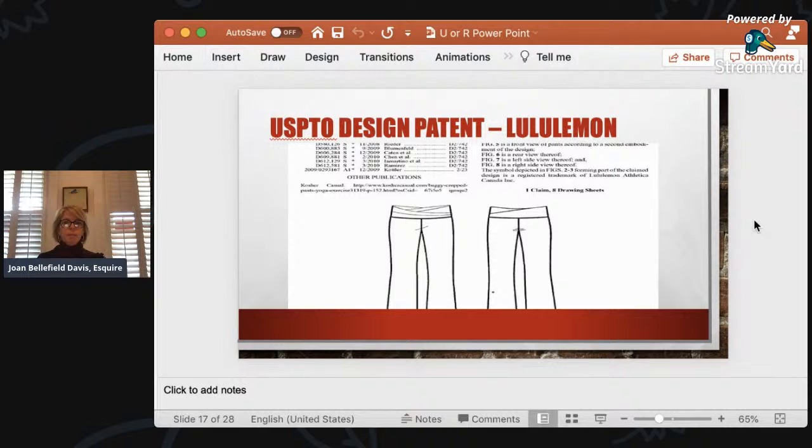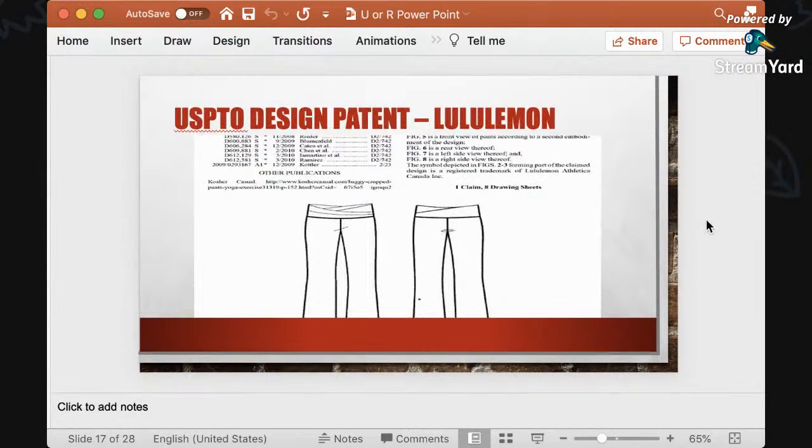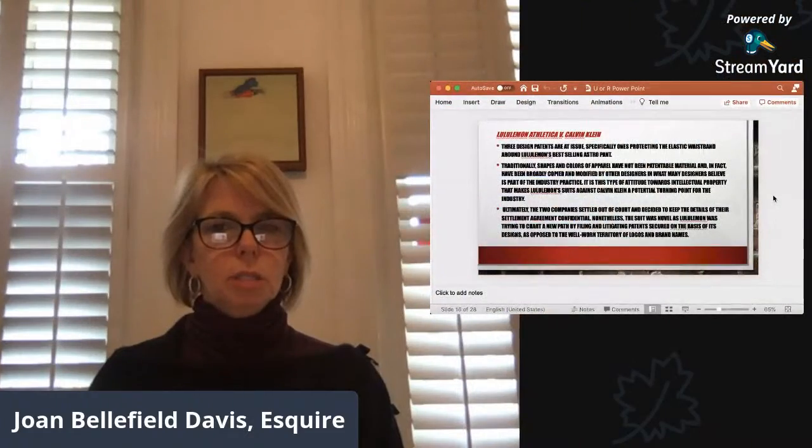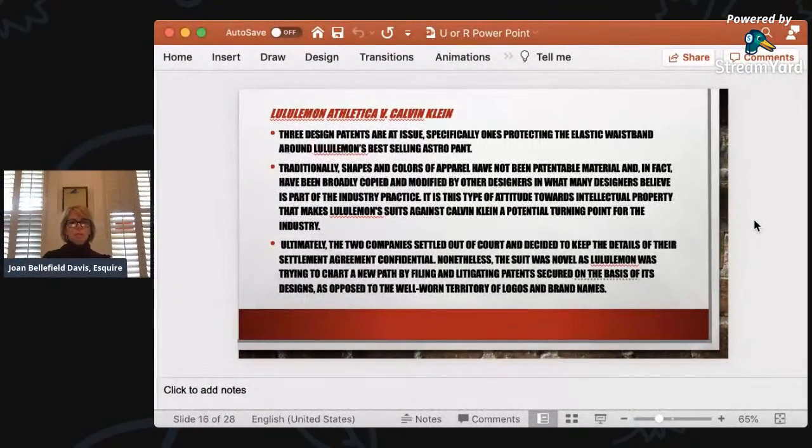And you can look up this patent after this presentation if you want to learn more about design patents, what they look like. But that is the design patent. Could you still see the screen? Just making sure, there you go, okay.